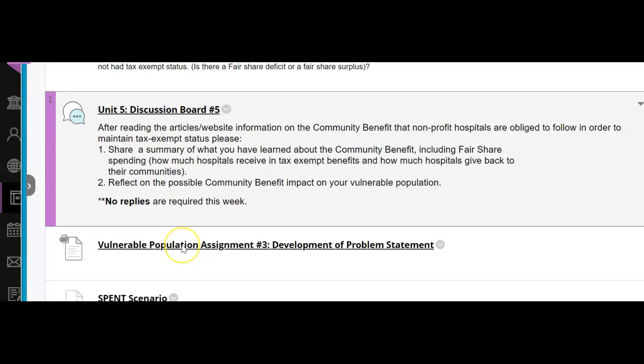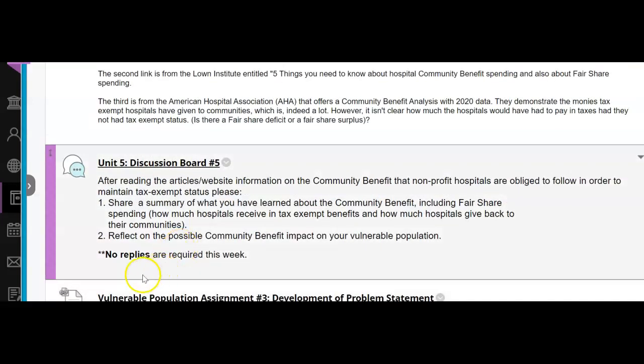Finally, this is the final assignment, completing your development of the problem statement. That's vulnerable population assignment number 3. This is truly going to be the last major assignment for your specific vulnerable population.